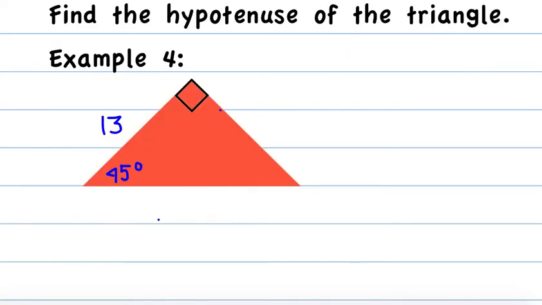So it says find the hypotenuse of the triangle when we're given that S is equal to 13. So right away we can say that the other side is equal to 13 as well. And then the hypotenuse must be 13 times the square root of 2. And it's as easy as that.